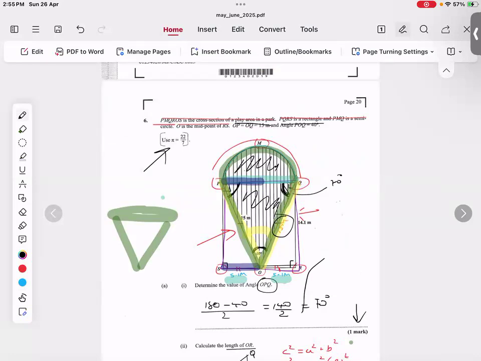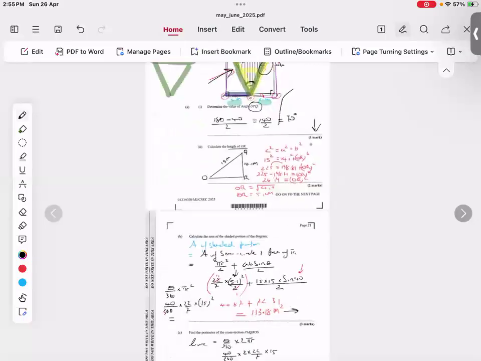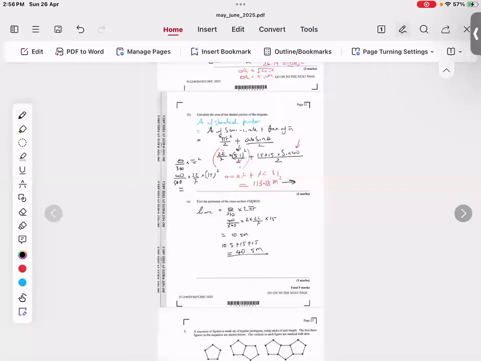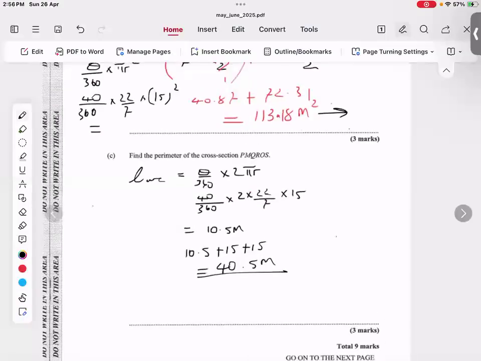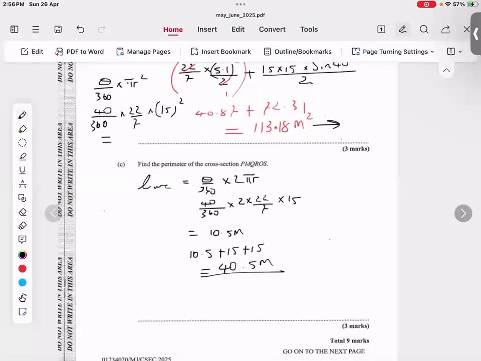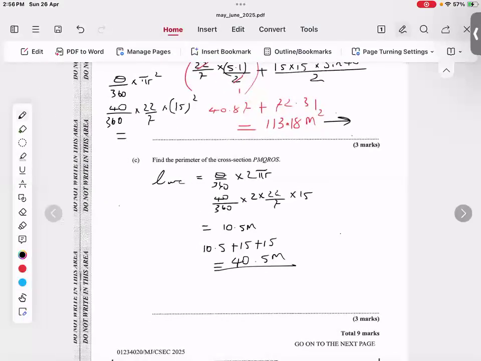Look at the green section. Green section is this 15. Which 10.2 are you talking about? The one at the bottom, the 5.1 and the 5.1? If that's what you're referring to, we don't need it because it's not a part of the green shape, the shape that is highlighted in green.